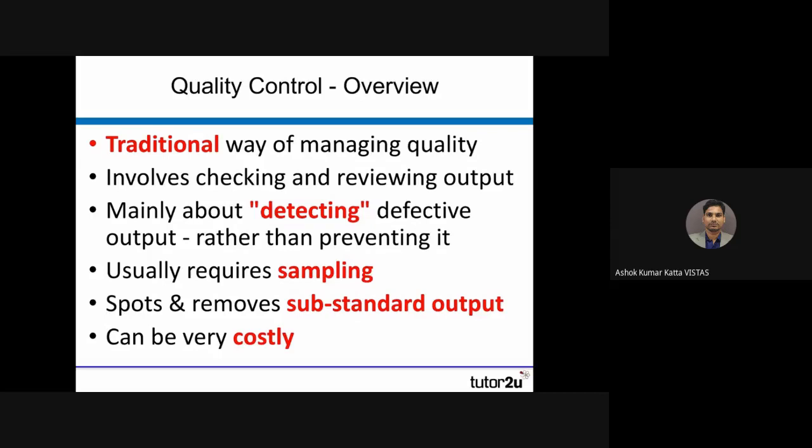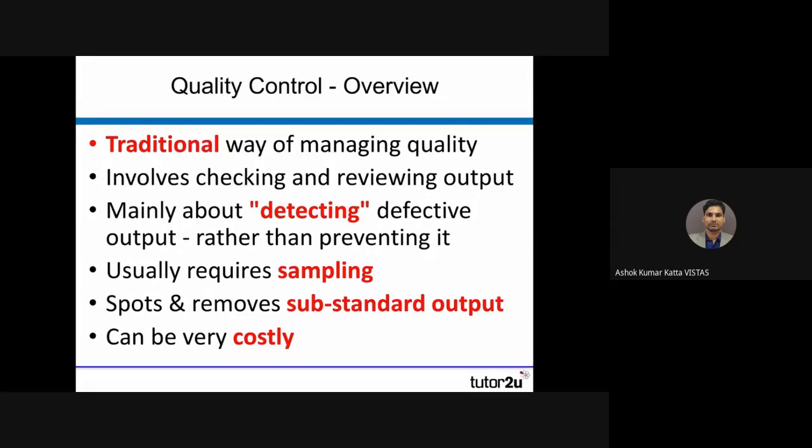And of course, it's not always possible to check all the output, so normally this requires some kind of sampling. You take a representative sample of the output to see whether it met the quality standards. Having spotted some substandard output, you remove it and it simply doesn't get to the customer.